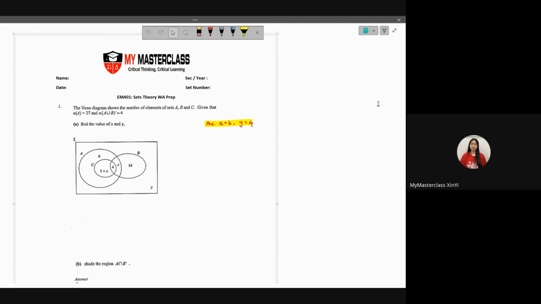You're going to have 1. This is 12 over 16, and this is 1. So this becomes 1 equals to 8 double x.